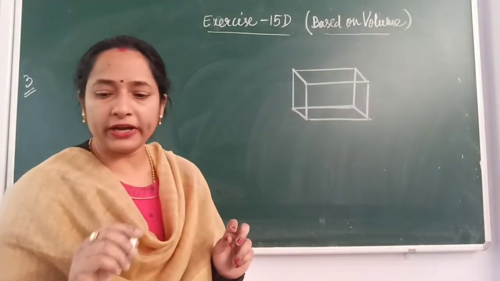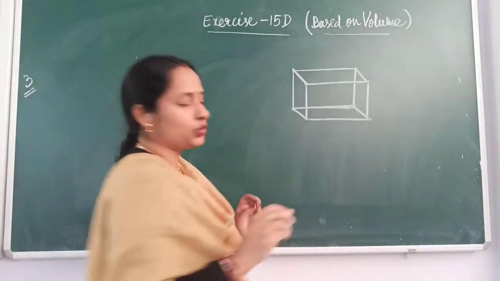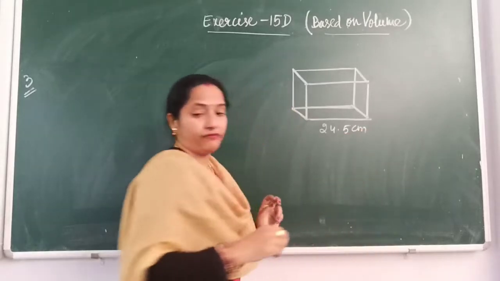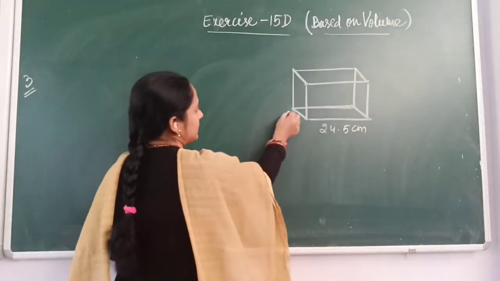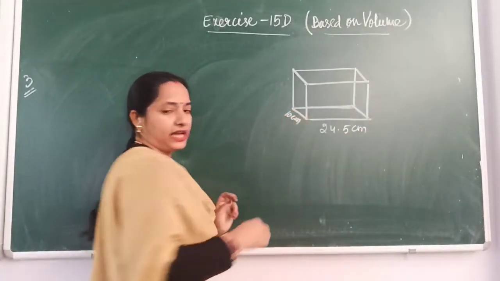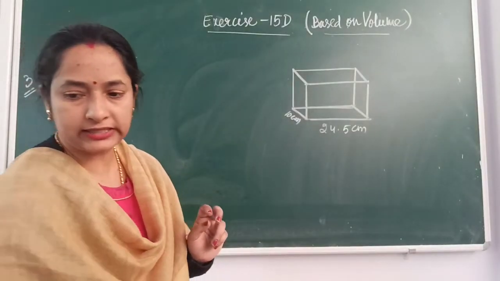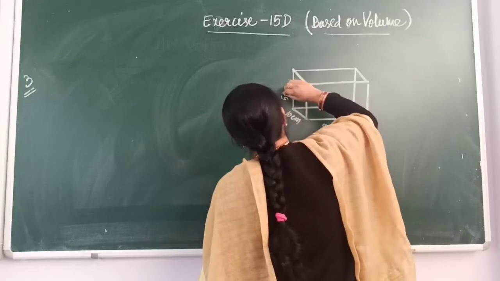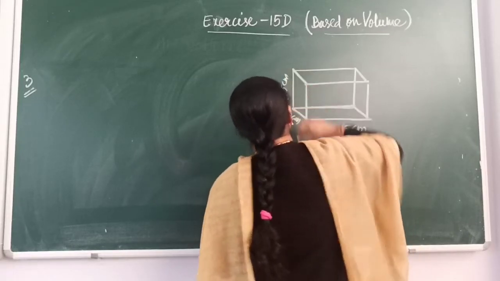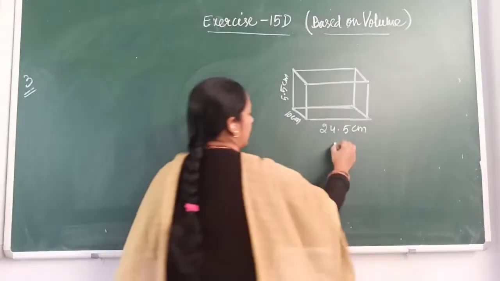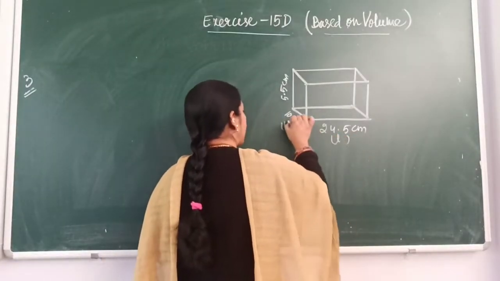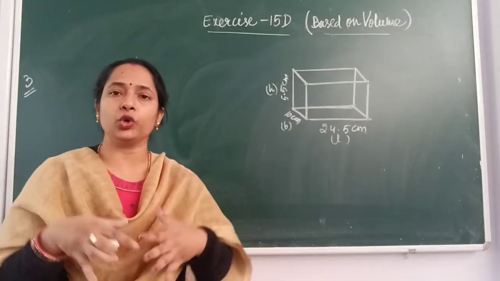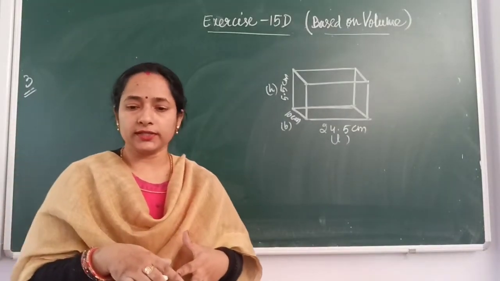The length of the cuboid is given as 24.5 centimeters, whereas the breadth is 10 centimeters and the height of the cuboidal box is 5.5 centimeters. So this is the length, this is the breadth and this is the height of the cuboidal box in which we are going to pack oats, isn't it?